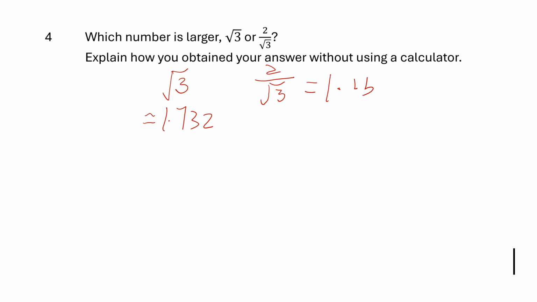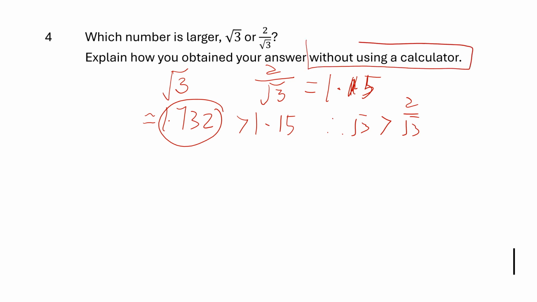And then from there you say that okay, since this guy is more than 1.15, so therefore square root 3. So this is using calculator to evaluate your answer. This is exactly what the question does not want you to do. So we cannot use this method.